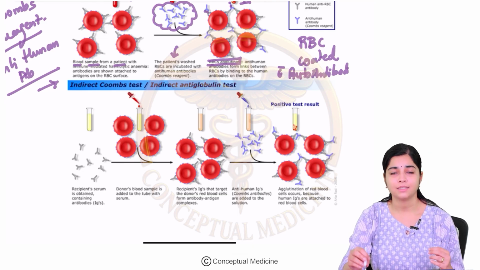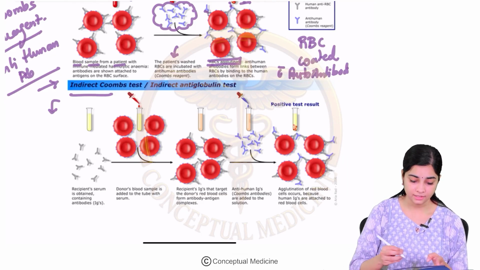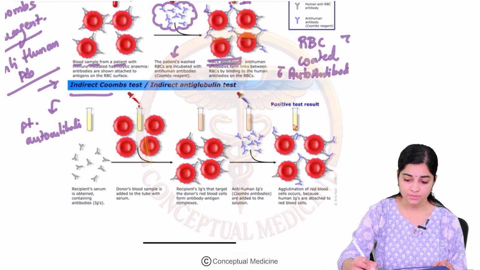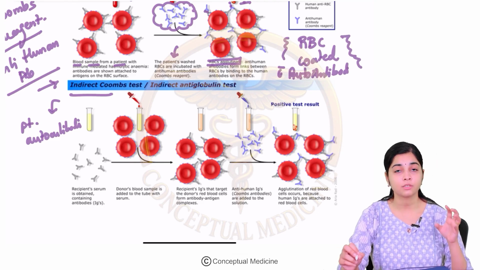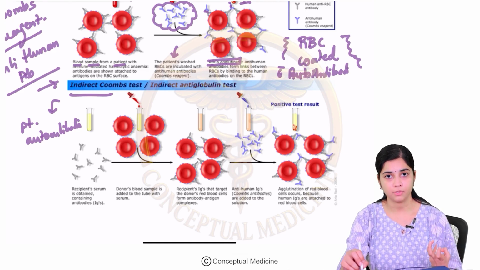So now let us understand what the indirect Coombs test is. The indirect Coombs test basically aims at detecting what? It aims at detecting the patient's autoantibody. Okay. So the direct Coombs test was trying to detect the RBCs which are coated with the autoantibodies, whereas in the indirect Coombs test you are trying to identify the autoantibodies themselves.